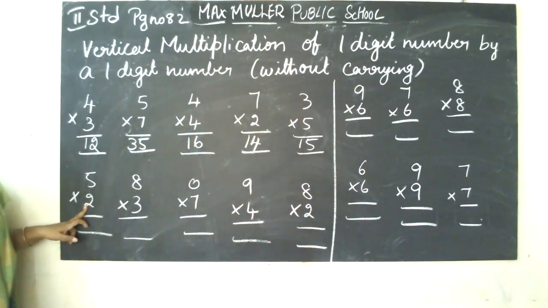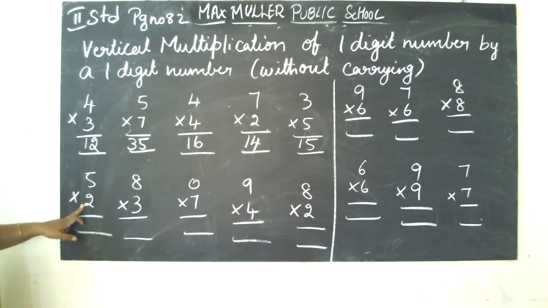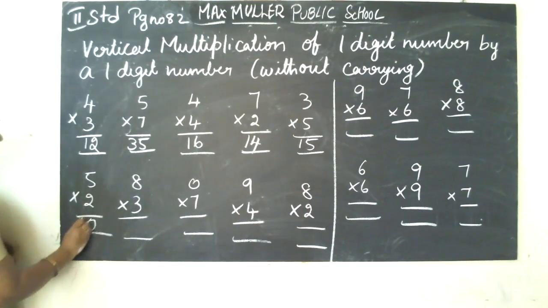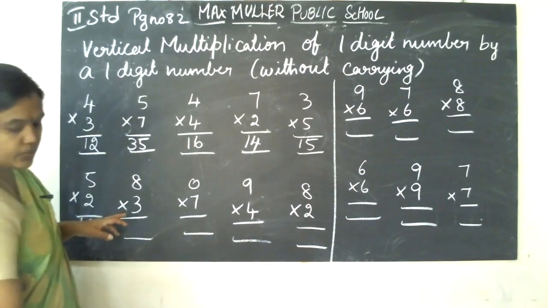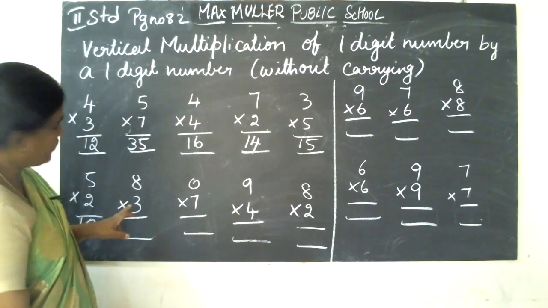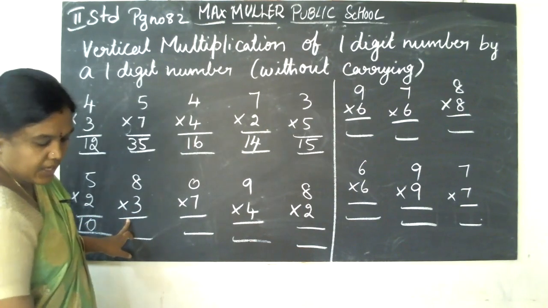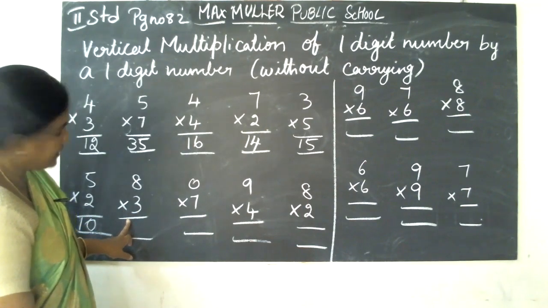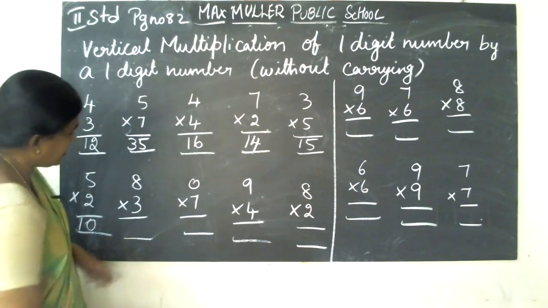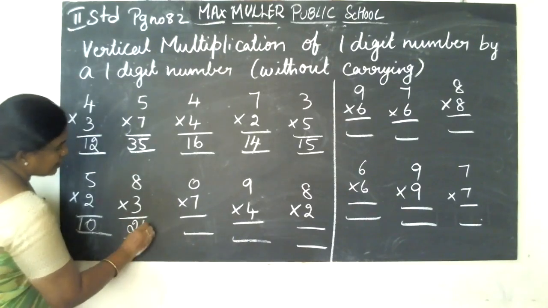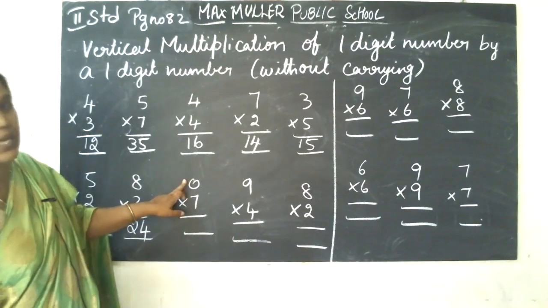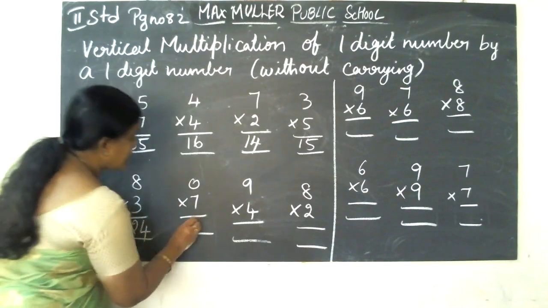Now 2 ones are 2, 2 twos are 4, 2 threes are 6, 2 fours are 8, 2 fives are 10. 3 ones are 3, 3 twos are 6, 3 threes are 9, 3 fours are 12, 3 fives are 15, 3 sixes are 18, 3 sevens are 21, 3 eights are 24. Now say the table 7. 7 zeros are how much? 0.